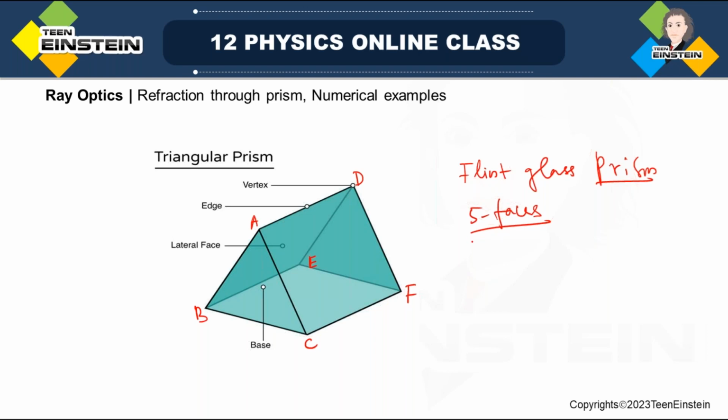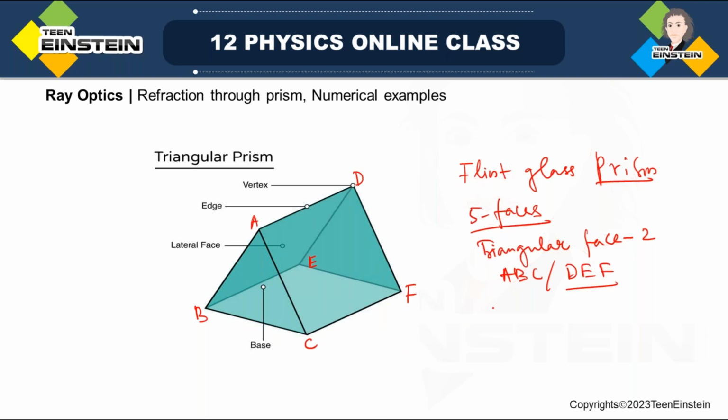I'll just name the faces. There are 2 triangular faces, which you can easily find out. One is ABC and another one is DEF.